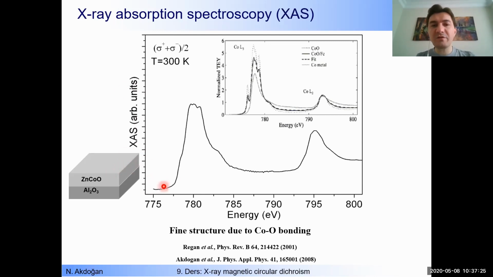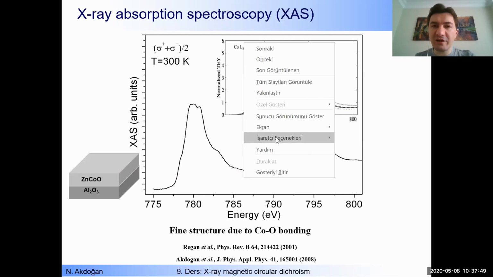So what you see here, actually, if the cobalt here is metallic, I mean, it is not sitting on the lattice of the zinc oxide. If the cobalt is alone, then you should see a sharp peak around this L3H. I can show you here.